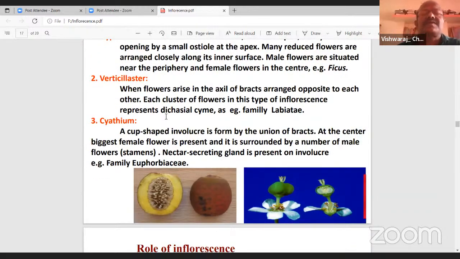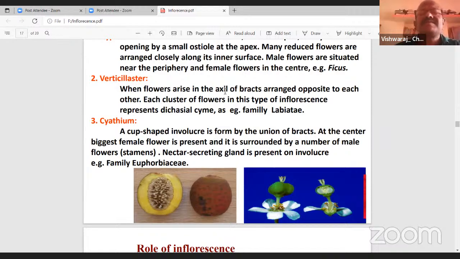Each cluster of flowers in this type of inflorescence represents a dichasial cyme. As an example, family Labiatae. Verticillaster, Labiatae, Tulsi or Ocimum.